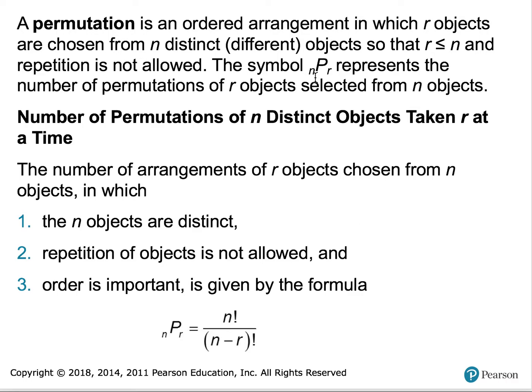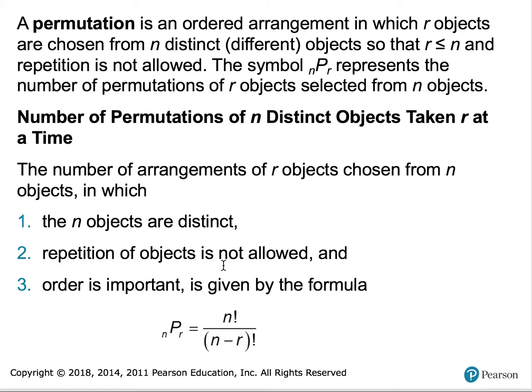The symbol, this, represents the number of permutations of R objects selected from N objects. Okay, so let's say this is 5 and 2. This is 5 permutations taken 2 at a time. So the N objects have to be distinct, different.